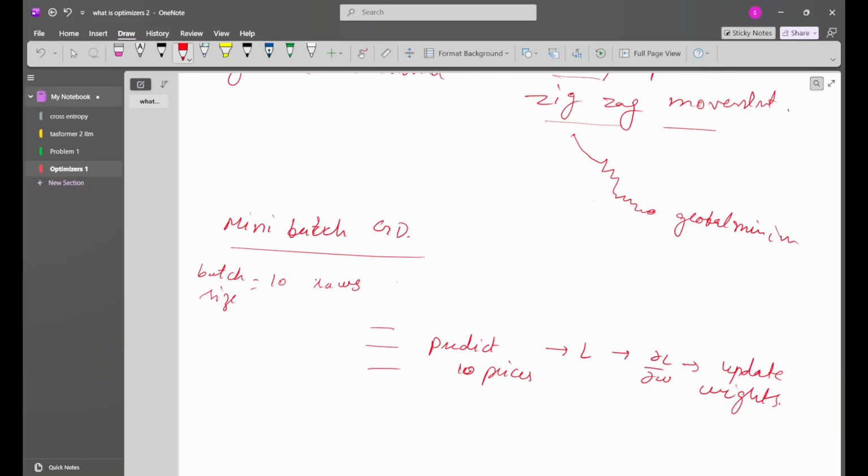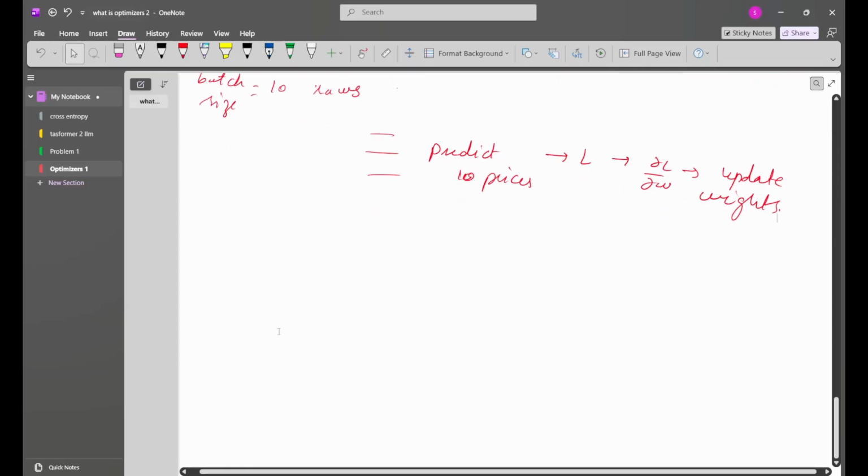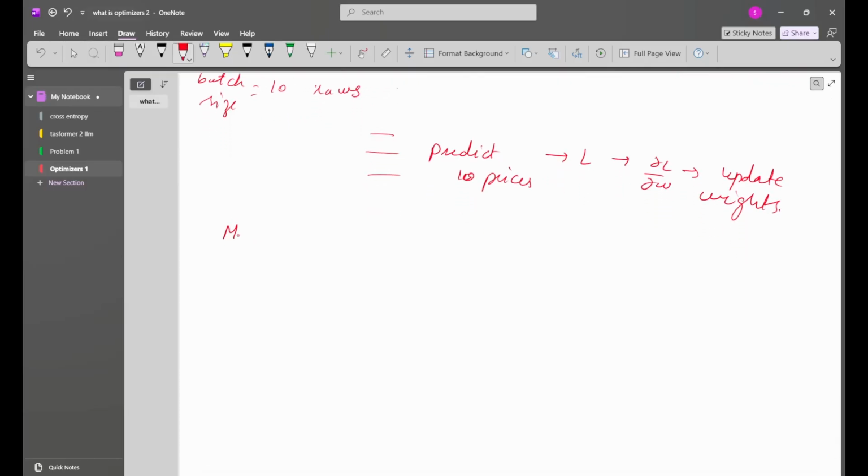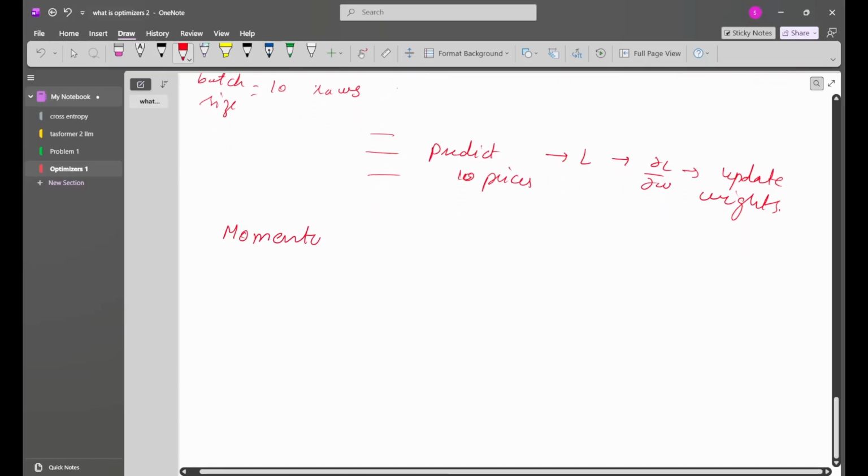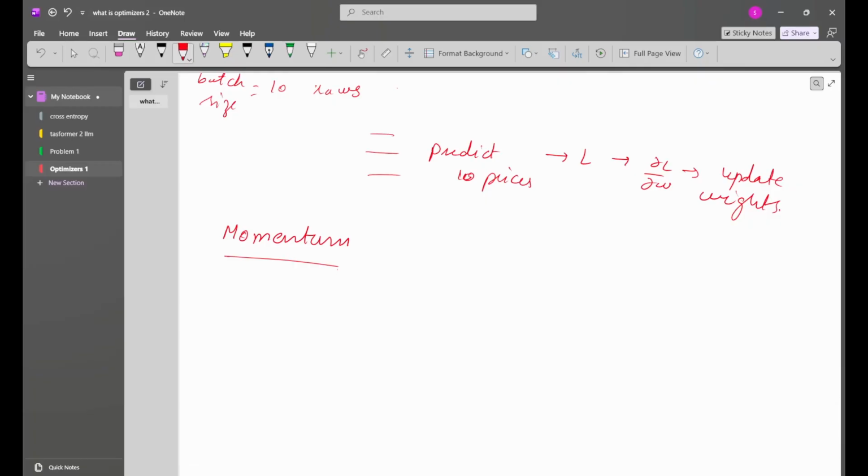But now the third optimizer came, momentum. In momentum, we first understand the problems with SGD.